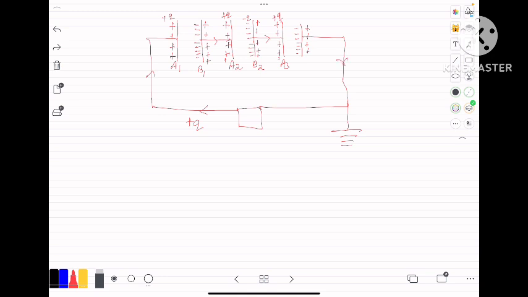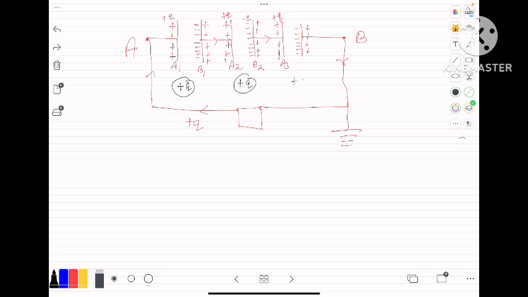The two terminals here are A and B. So we just learnt that each capacitor receives the same charge Q, plus Q, plus Q and plus Q.